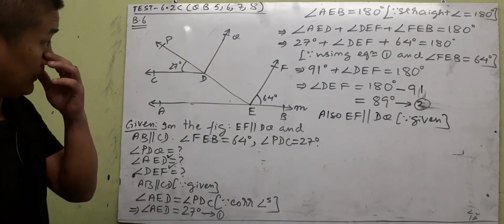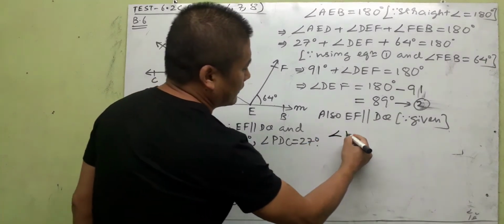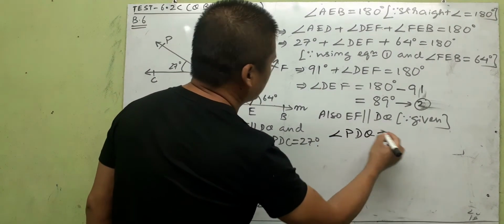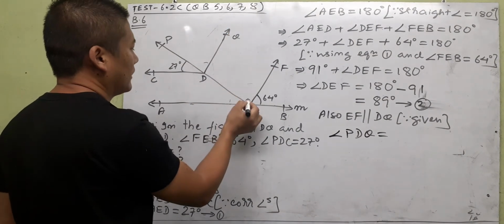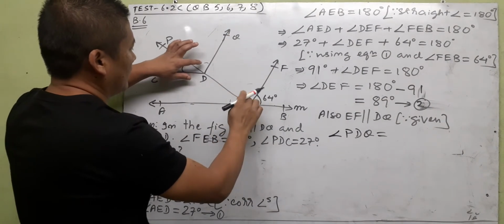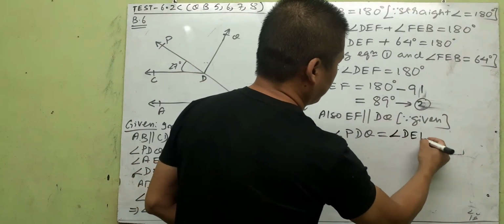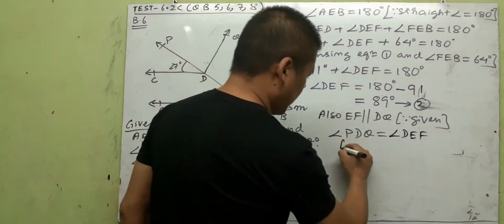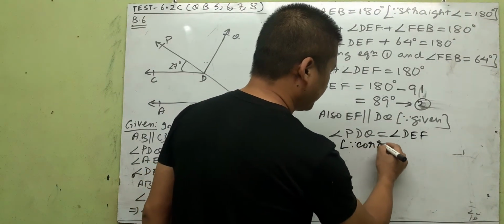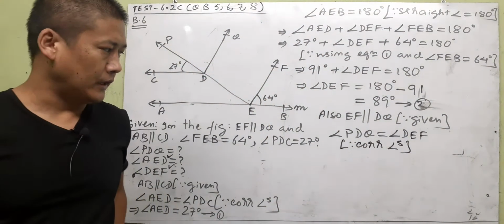If they are parallel, then this PDQ, the one you want to find out, is the corresponding angle to angle DEF, up on the right, here below on the right. When the lines are parallel, the corresponding angles are equal, and we know these are equal because they are corresponding angles and the lines involved are parallel.